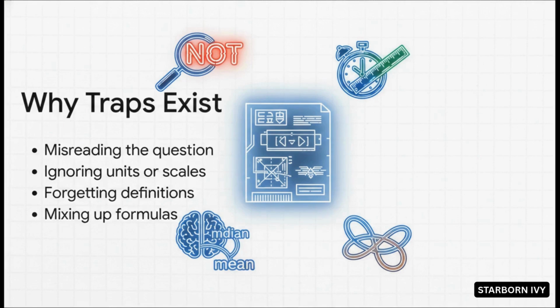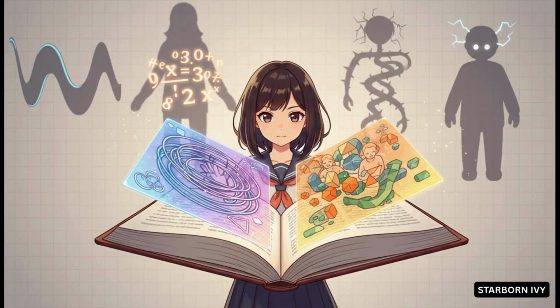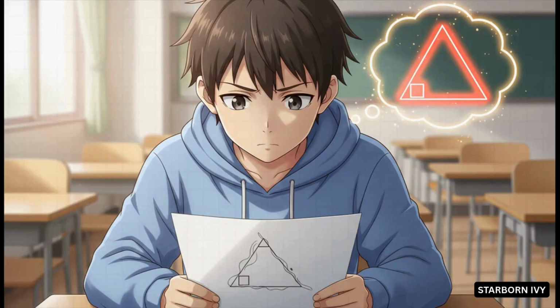The test makers know exactly where our weak spots are. So, let's meet the culprits. If you can understand the test maker's playbook, you can start to see their moves coming before they even make them. First up, we have an absolute classic, the misleading figure.